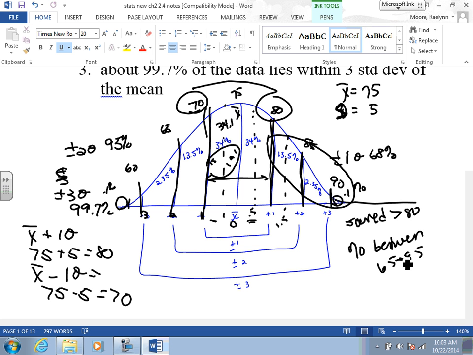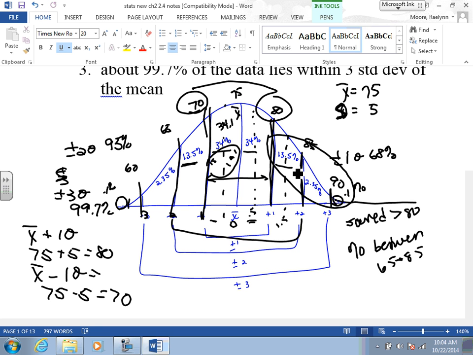Add the 68 plus, not 95. Well, it turns out to be 95 because it's plus or minus 2. But you could add this, plus this, plus this, plus this, and you'll get 95%. We are just a little teensy off from the algebra because the algebra was a little bit more exact than we are in statistics.